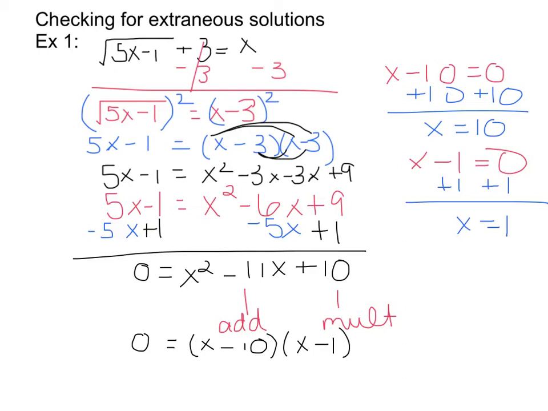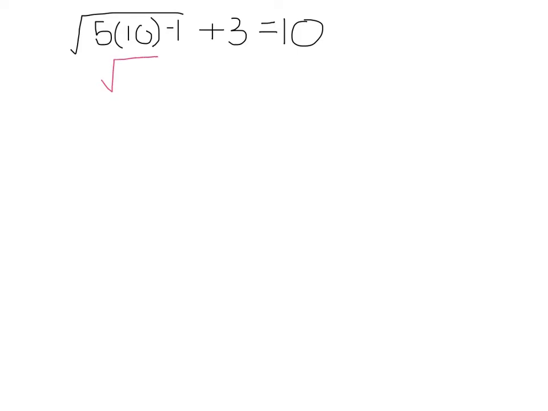Now we have to take those two answers and plug them in for x in our original equation so that we can check. To check, we take our first answer, which was 10, and we plug it in for x. So we have 5 times 10 minus 1, all under my radical, then plus 3 equals 10. 5 times 10 is 50. 50 minus 1 is 49.